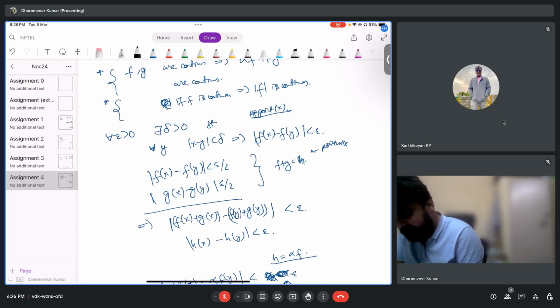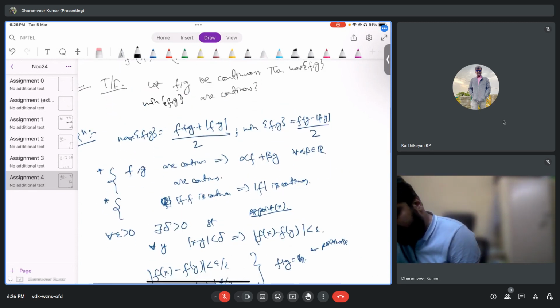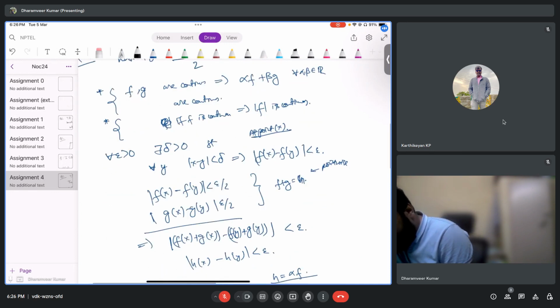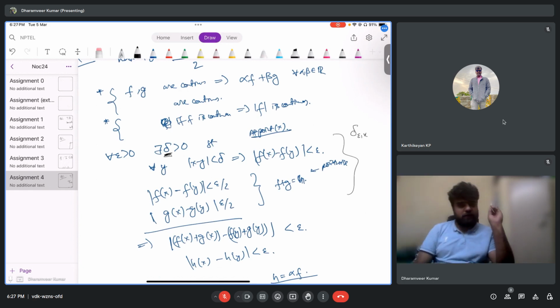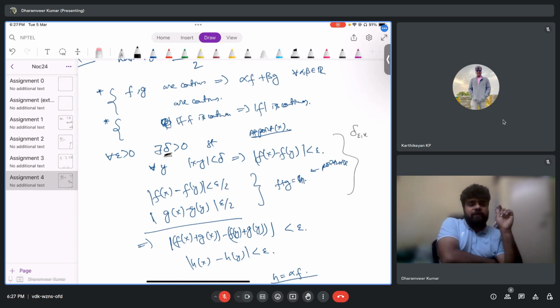Okay. So whenever for a given epsilon we are choosing delta, this delta depends on this x over here. For each point there is a delta. That's how you define continuity, pointwise continuity.